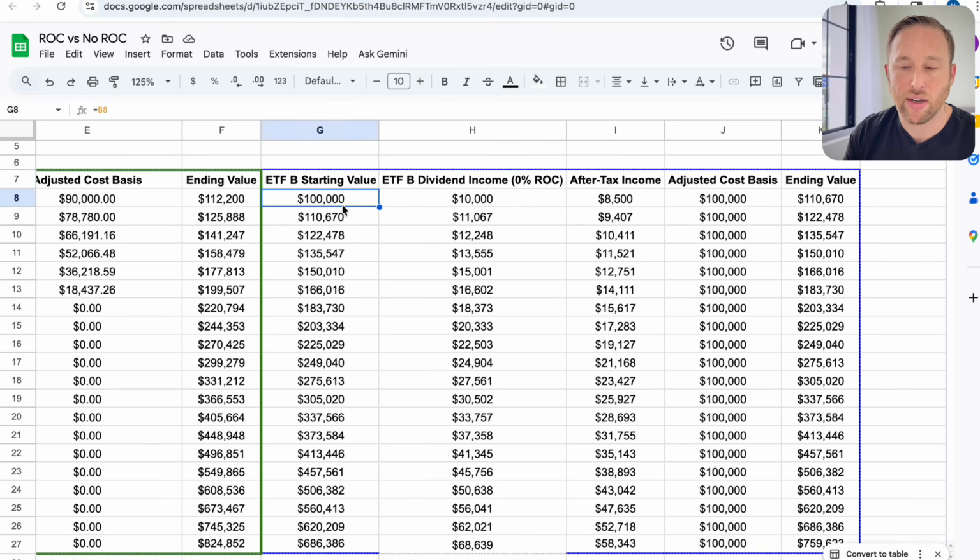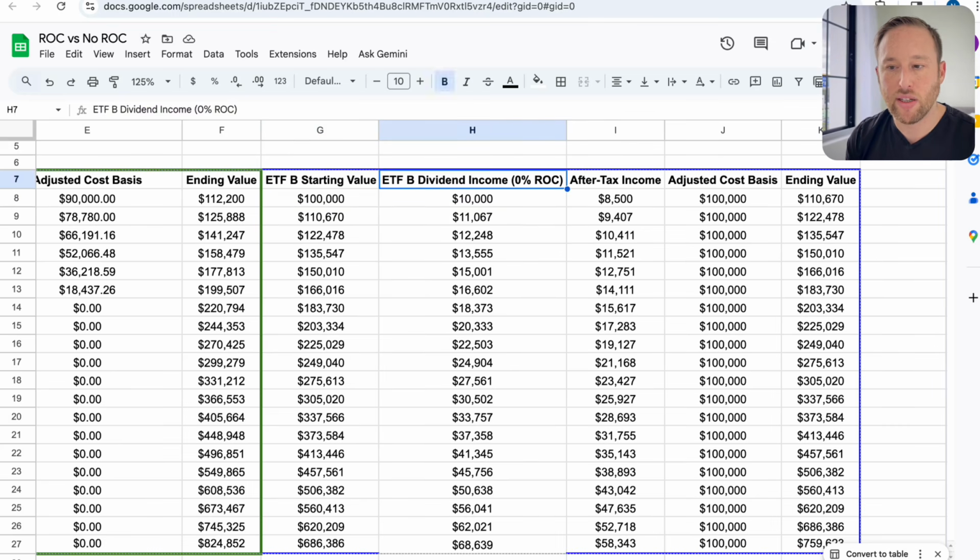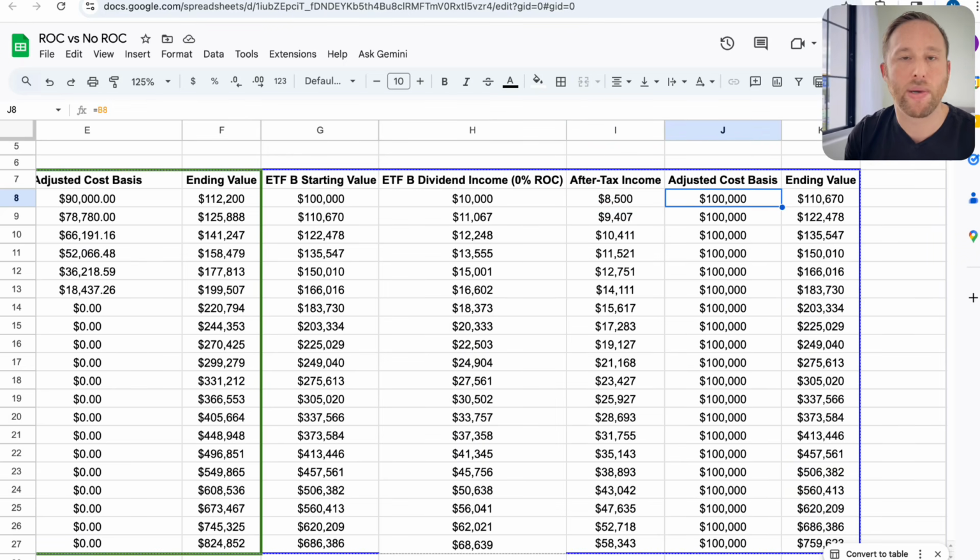And what happens with that? Well, you start your investment, and that is 100K initial investment. Your dividend income is 10K. But then we have our 15% tax, and so we're left with 8,500. You can see your cost basis does not adjust, right? In the other example with ETF-A, your cost basis is being brought down by the dividend income.